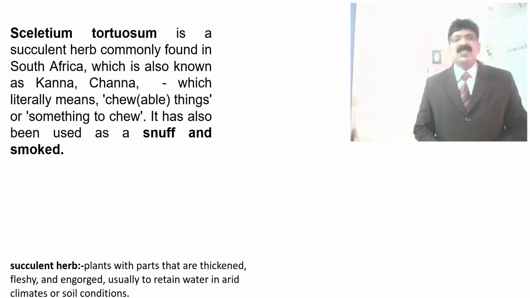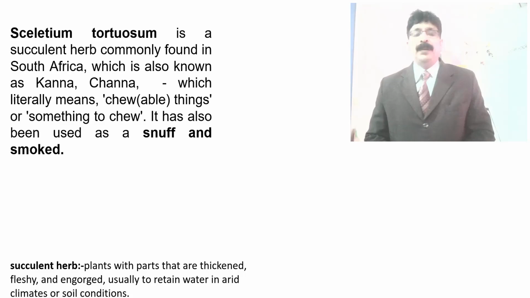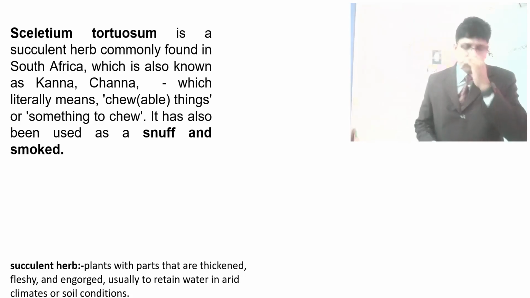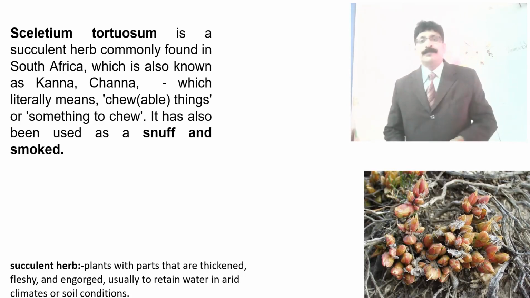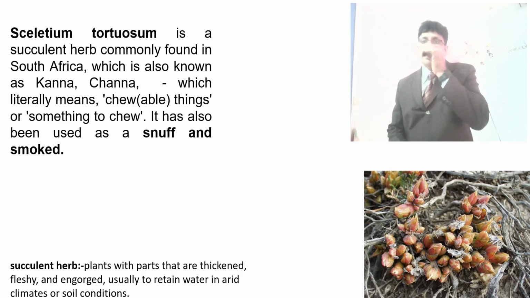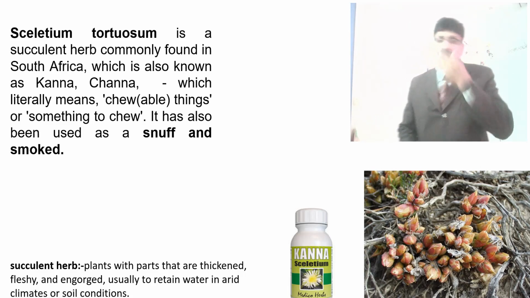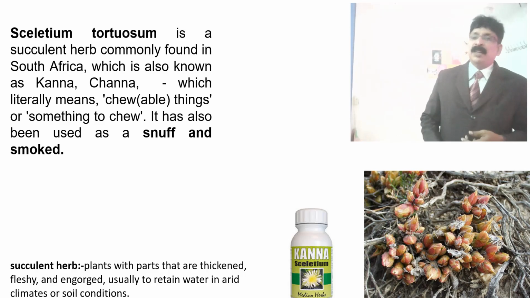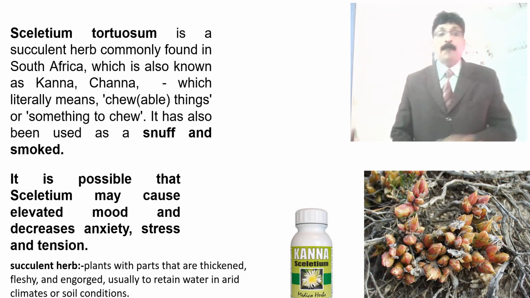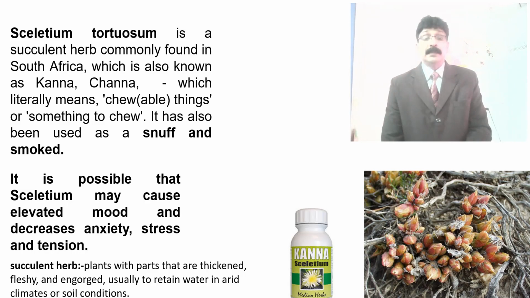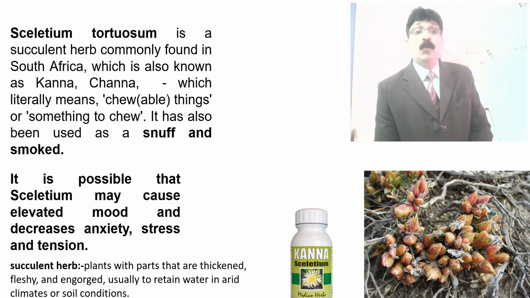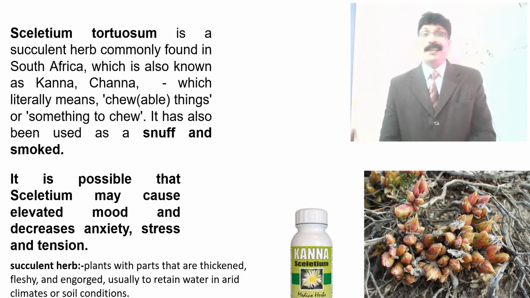Sometimes it is chewed by local people. It has also been snuffed and smoked. This is the developed one. It's available as herbal formulation powder. It is possible that Sceletium may cause elevated mood and decreased anxiety. Stress and tension can also be treated.